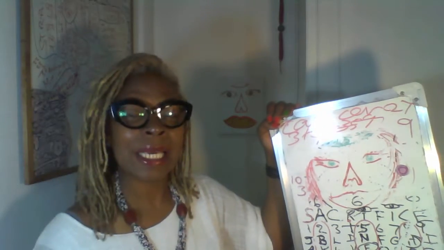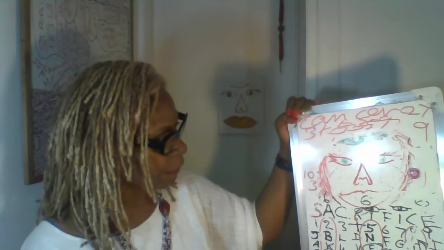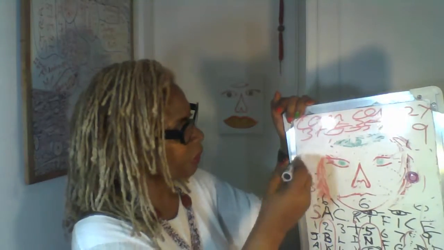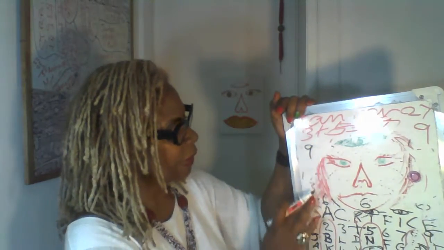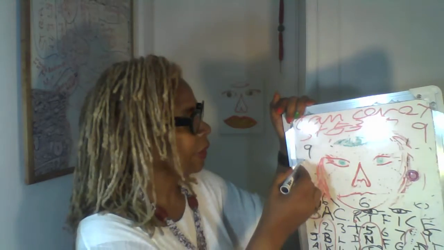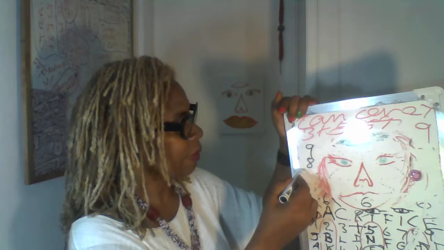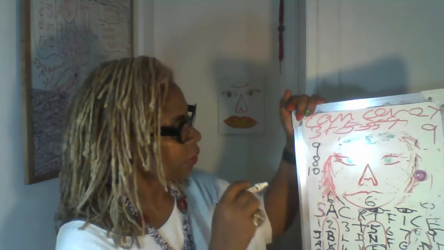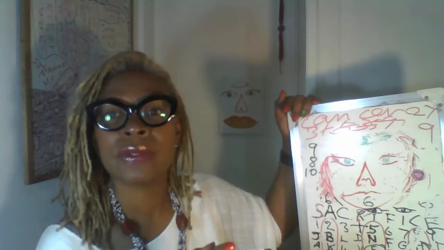So basically, we have 9. Let's do this. There was 9, 10, or 8 for Pisces. Yes, 8, and 10, which is 1, and the first one.